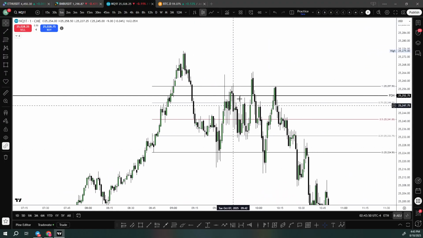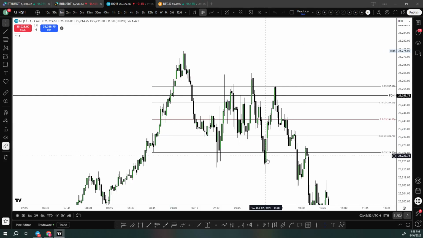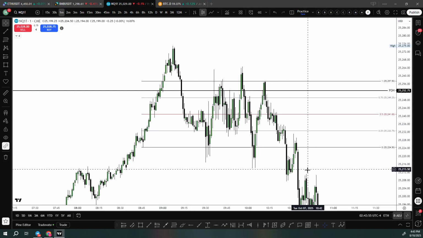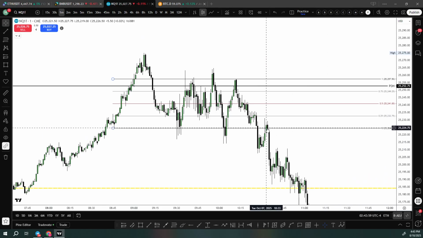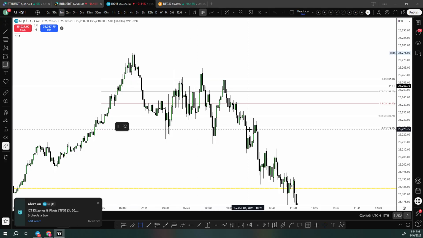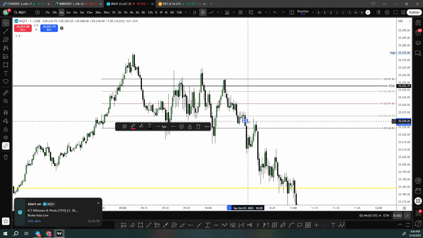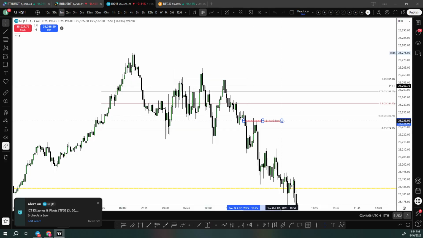So we came back down and we continued ranging in that 15-minute candle. And we finally broke down at around 10:30, leaving a premium SIBI.